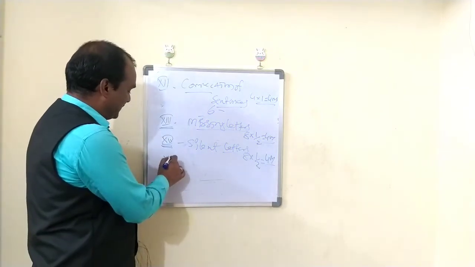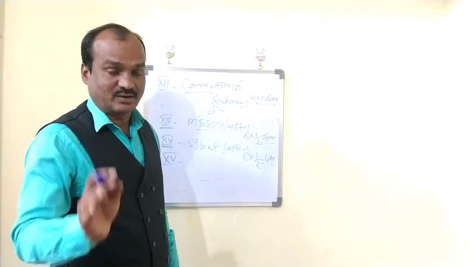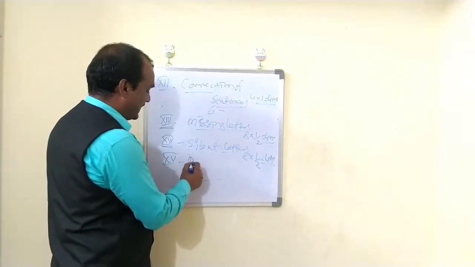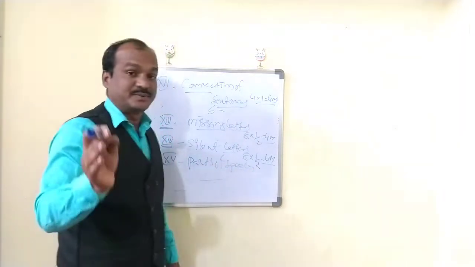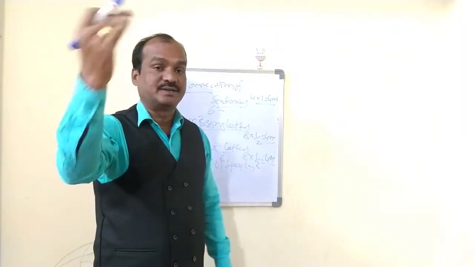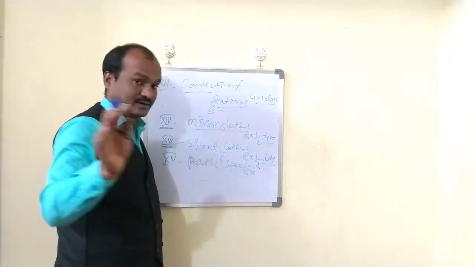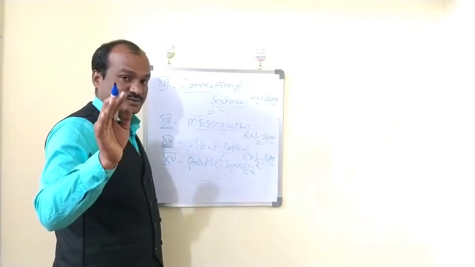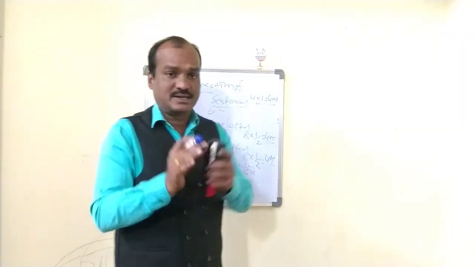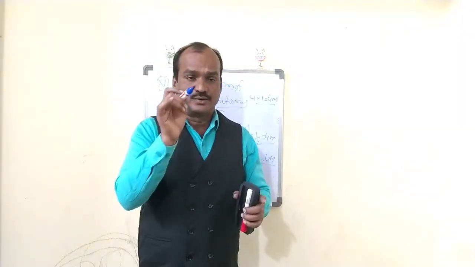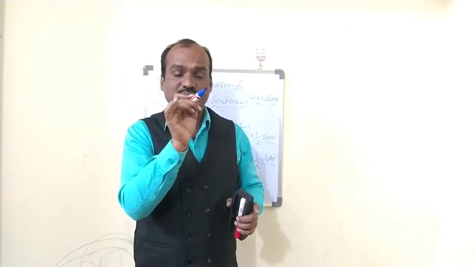Right. Next, bit number 15. Already we have discussed the topic parts of speech. We have completed this topic, right? Identify the parts of speech of the underlined word. Some 5 sentences are given to you, and in each sentence 1 word is underlined.